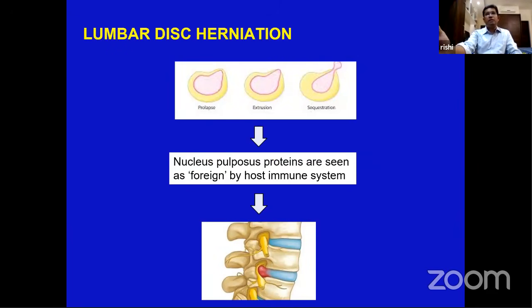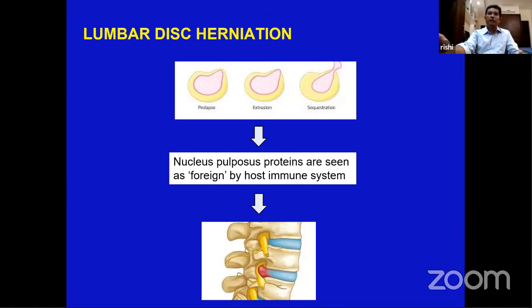If you look at the basic pathogenesis of lumbar disc herniation, when the nucleus pulposus herniates out of the annulus and comes in contact with the thecal sac or the nerve roots, our host immune system identifies these nucleus pulposus proteins as foreign.